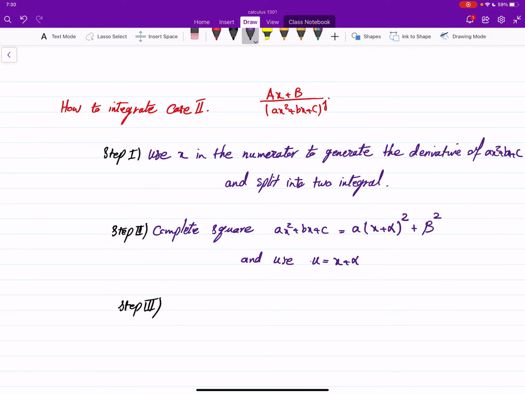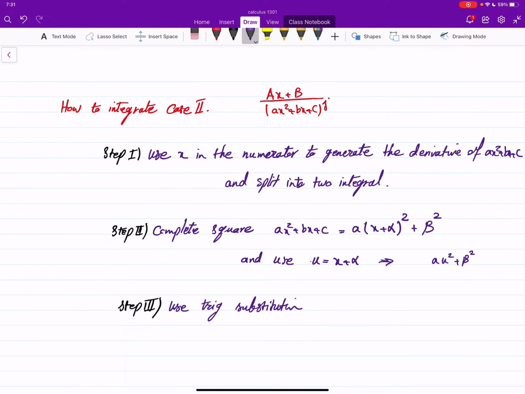And when you do that, in the denominator ax squared plus bx plus c will turn to au squared plus something squared. And that's where you need to use, I will write the last step, trig substitution.